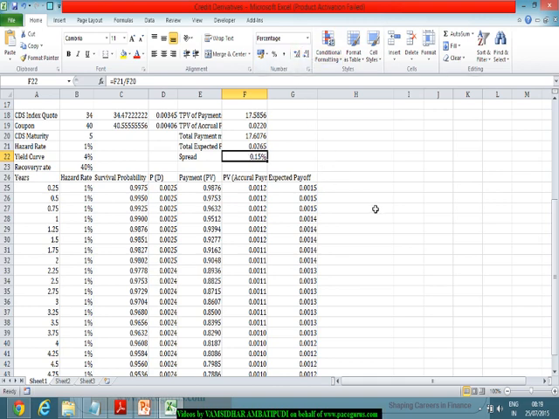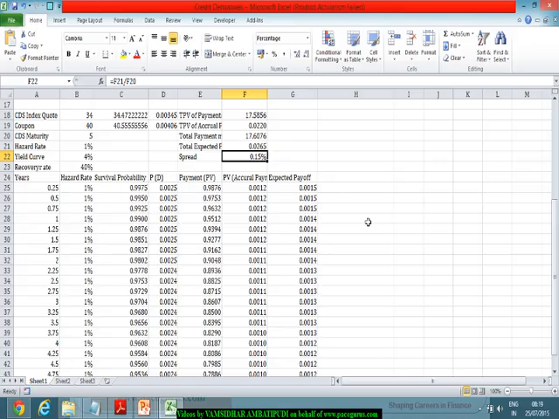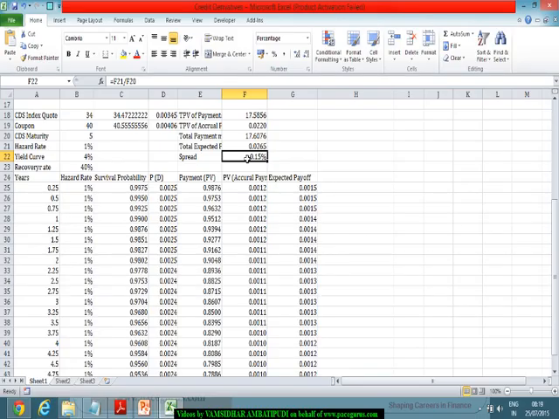But I want the spread to be around 34 basis points. Right? So I want the spread to be 34 basis points, which means around 0.0034, or probably I can convert this as well, whichever is the mode.